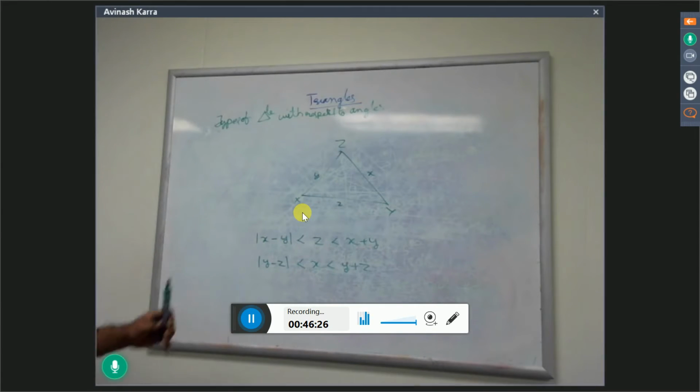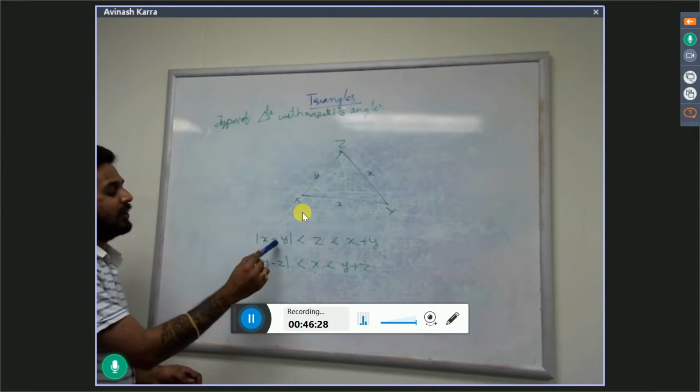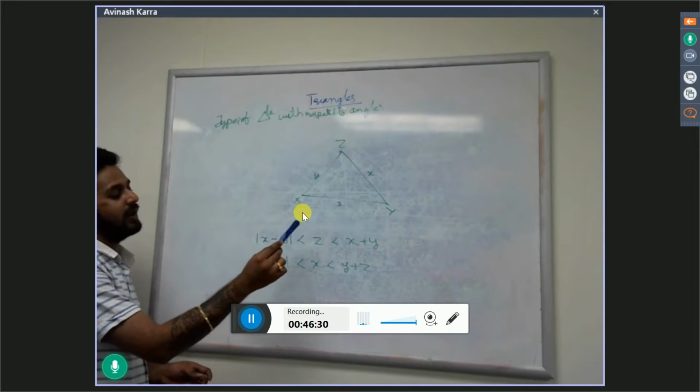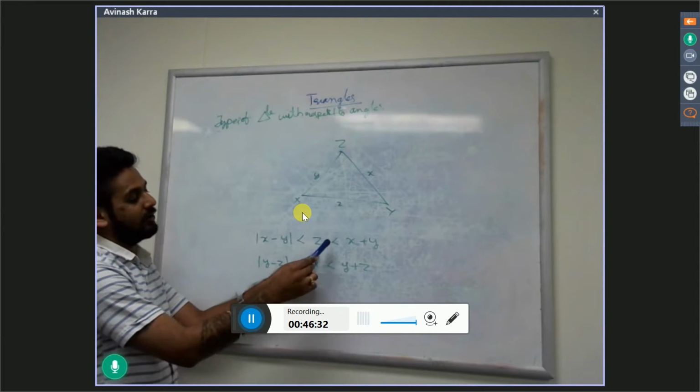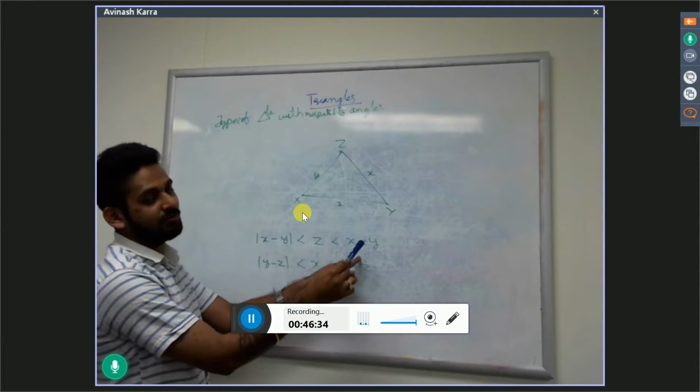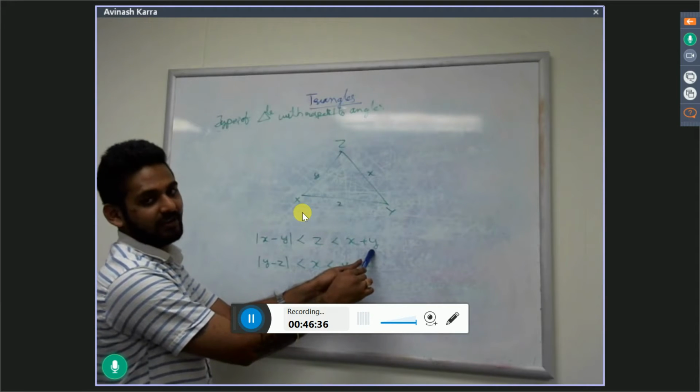It is nothing but the difference of the lengths of sides will be less than the third side. It will be less than the sum of those sides.